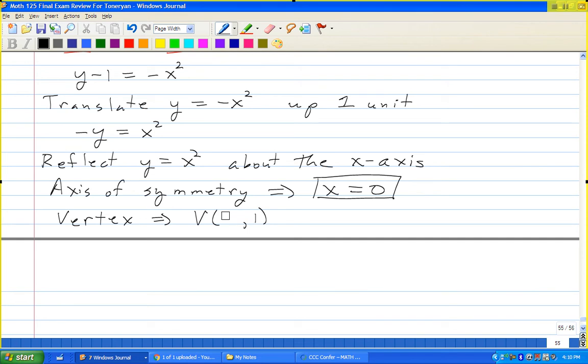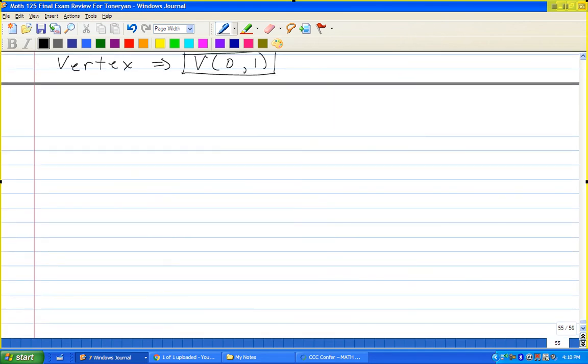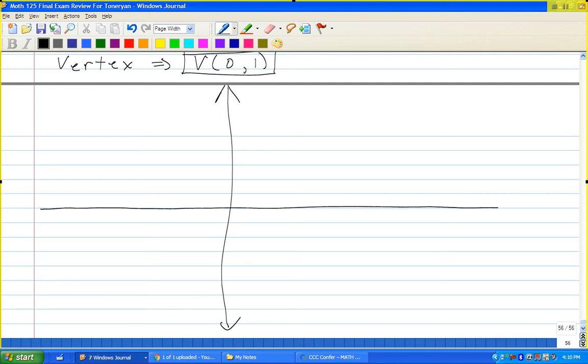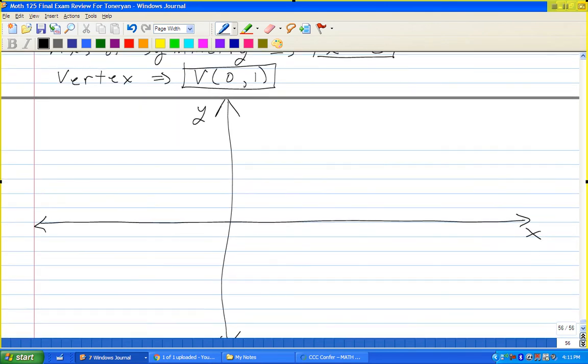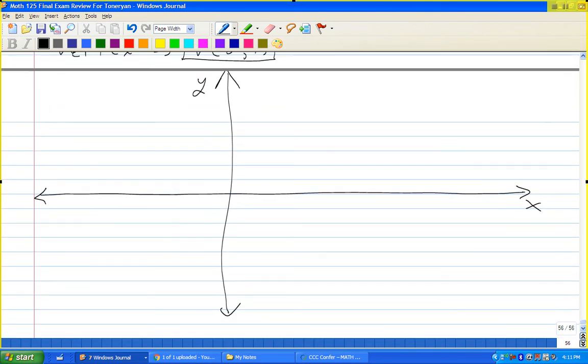And now let me sketch the graph of this. Okay, so I have here the graph of y equals x squared.